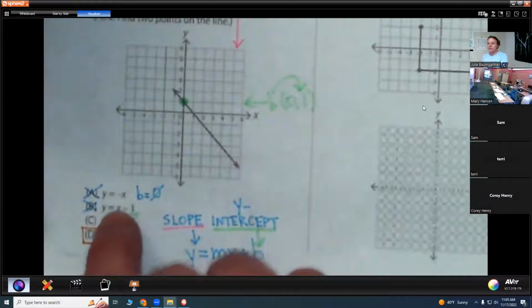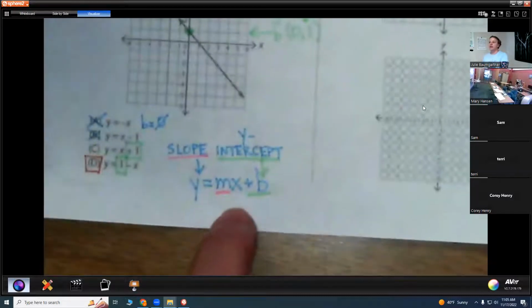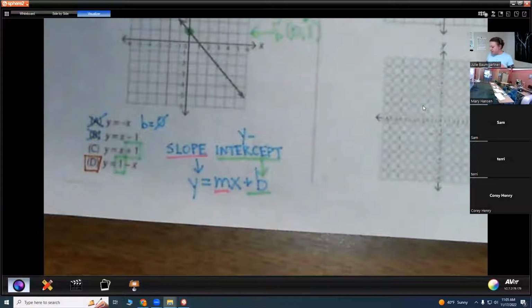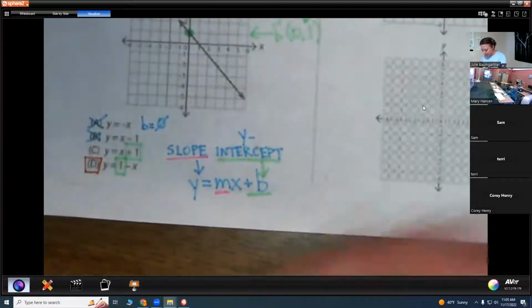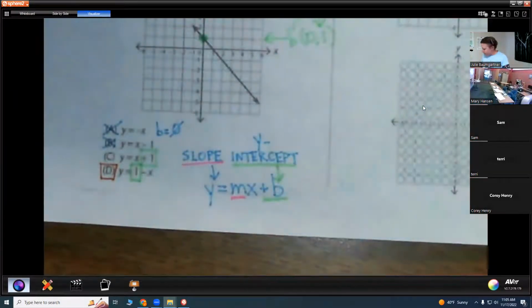If it's positive and by itself, then m is +1. Because once again, you could write this as, let me grab my scratch paper here.